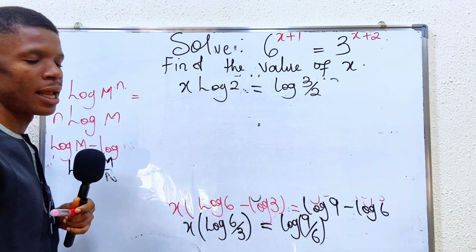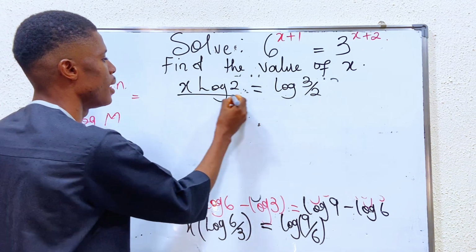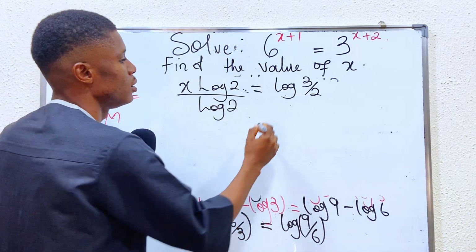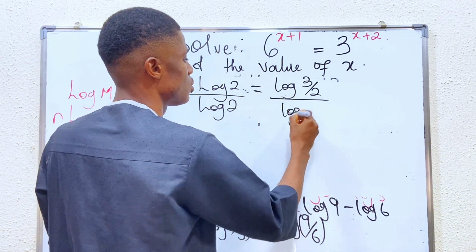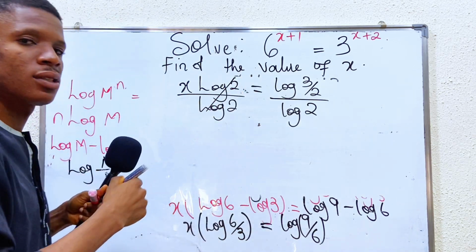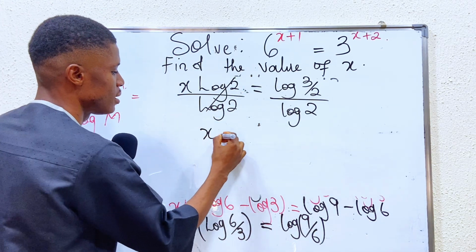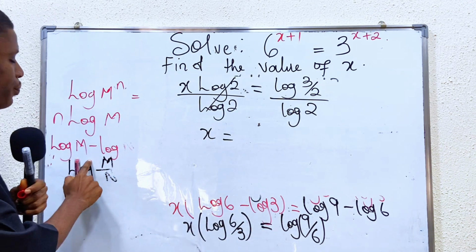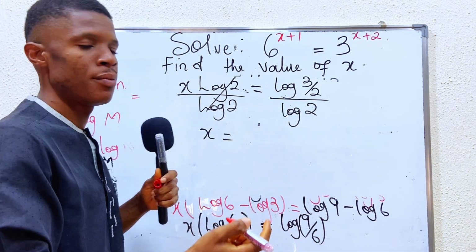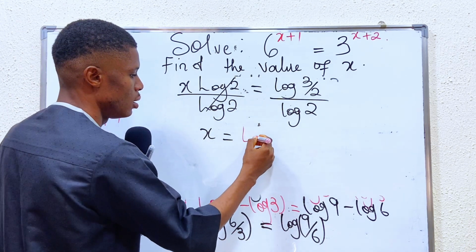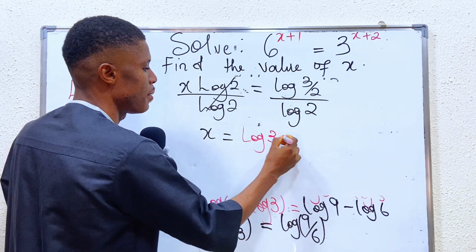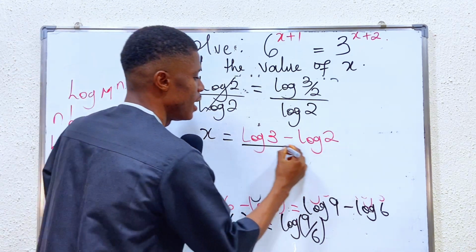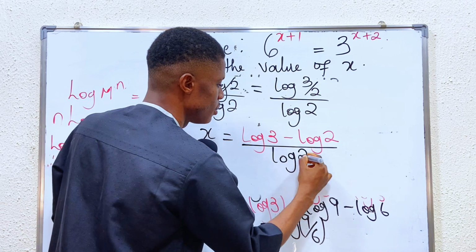Then the next thing we do is to divide through by log 2. If you divide by log 2 so that x can stand on its own, you also have to divide here by log 2, so that log 2 will cancel out. You are having that x is now equal to, and you can also use this law again and make this to be log 3 minus log 2, then divided by log 2.